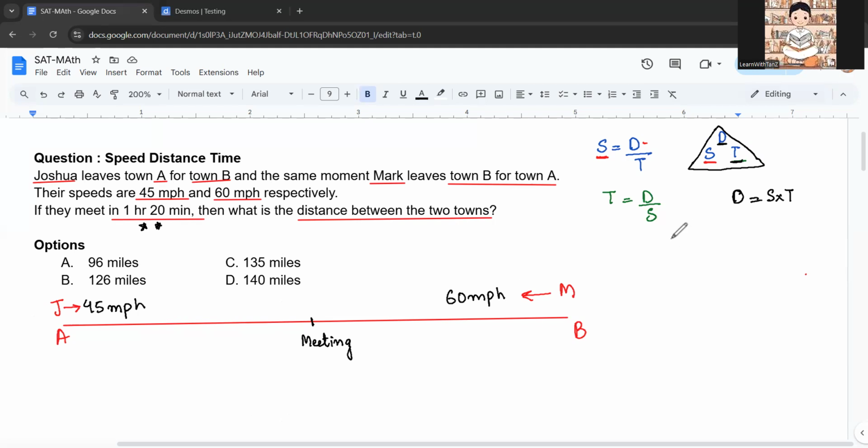Now, we have the units in miles. We have miles and you are seeing hours. But here we have the time as 1 hour and 20 minutes. What will you do? You will convert minutes to hours by dividing by 60.